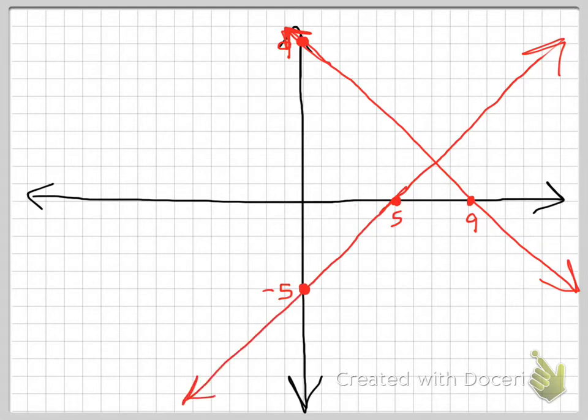Okay, so if your lines are straight, you should have one point, let me use a different color, one point where these cross each other. That one point is your solution.